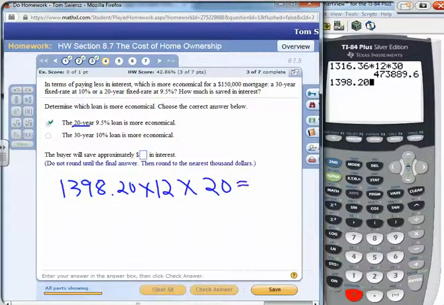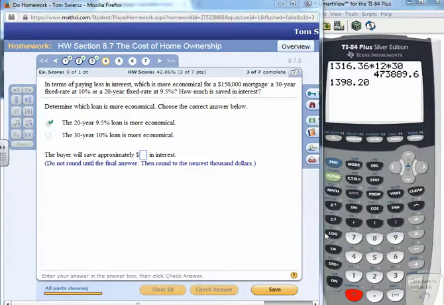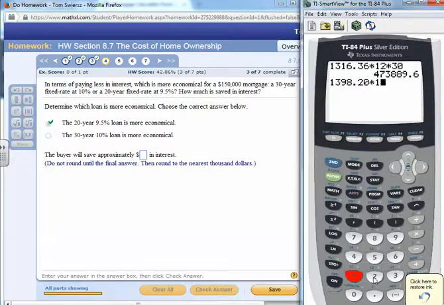So times 20, and that gives us our total spent for the mortgage for 20 years. So we've got $1,398.20 times 12 times 20 years, and we get $335,568.